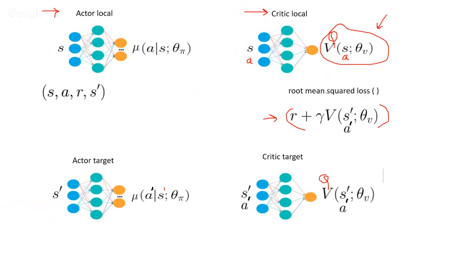We use this root mean square loss and backpropagation to update our critic local network such that we reduce this loss. So we update our critic local network in order to reduce the loss between our TD target and the action value generated by the current version of the local network.